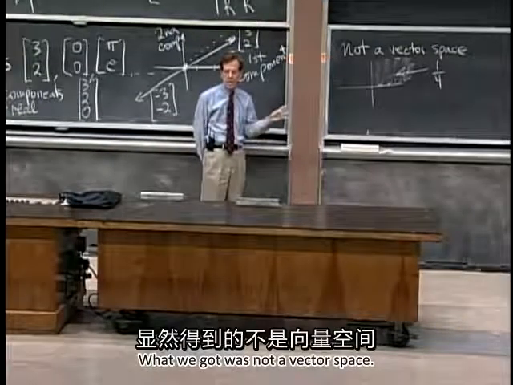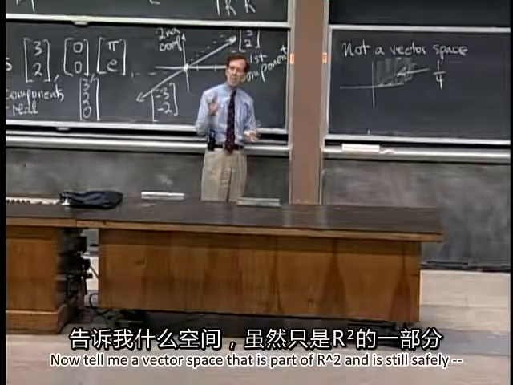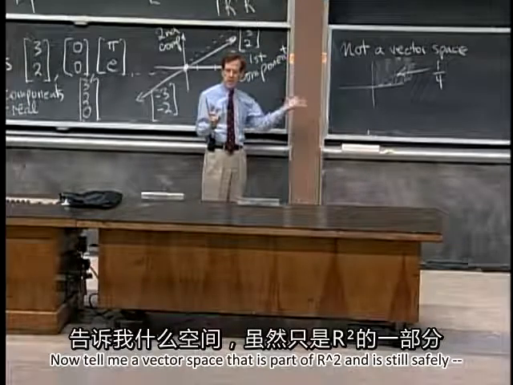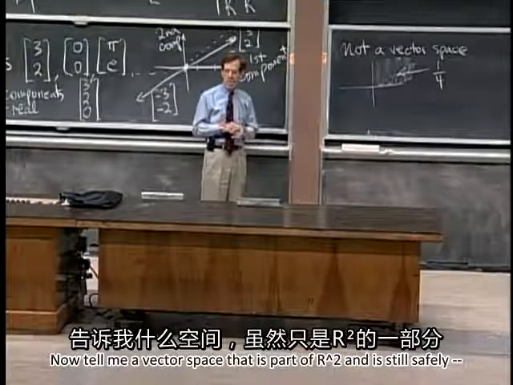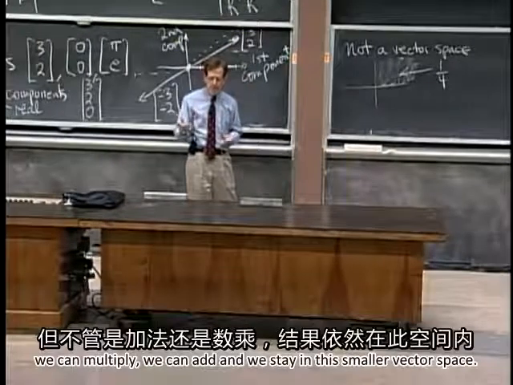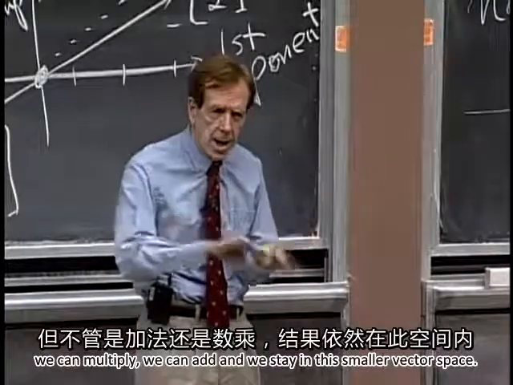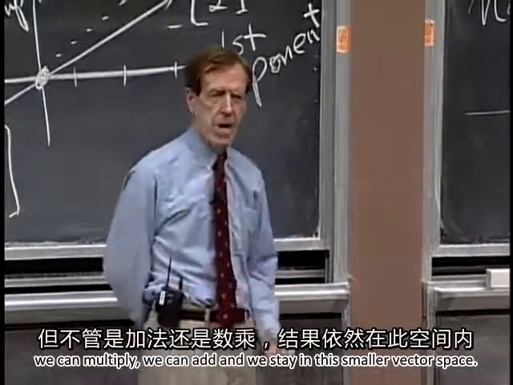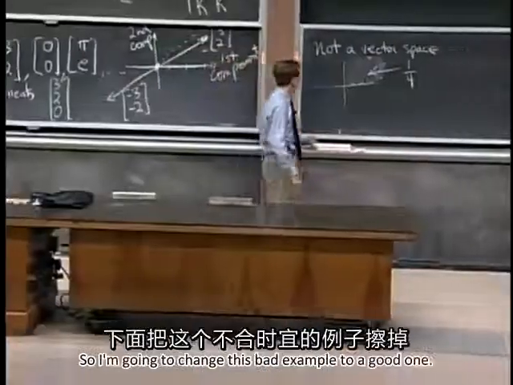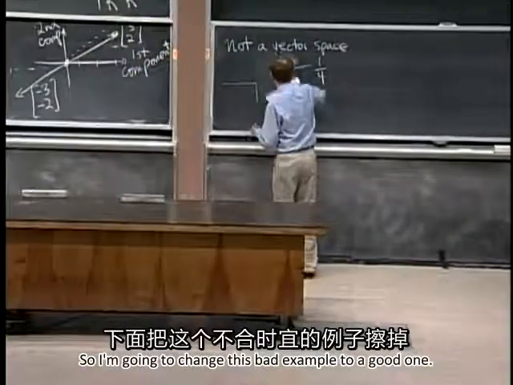What we got was not a vector space. Now tell me a vector space that is part of R2 and is still safe, where we can multiply, we can add, and we stay in this smaller vector space. It's going to be called a subspace. So I'm going to change this bad example to a good one.